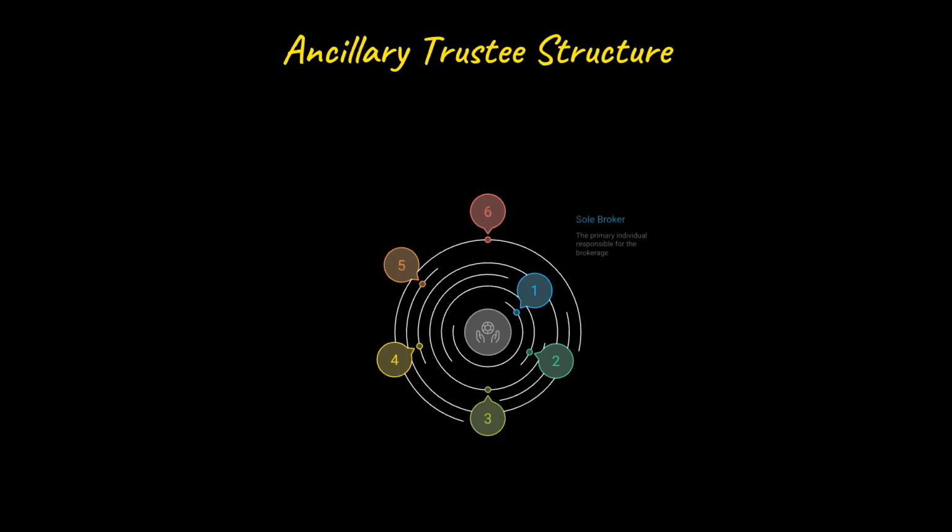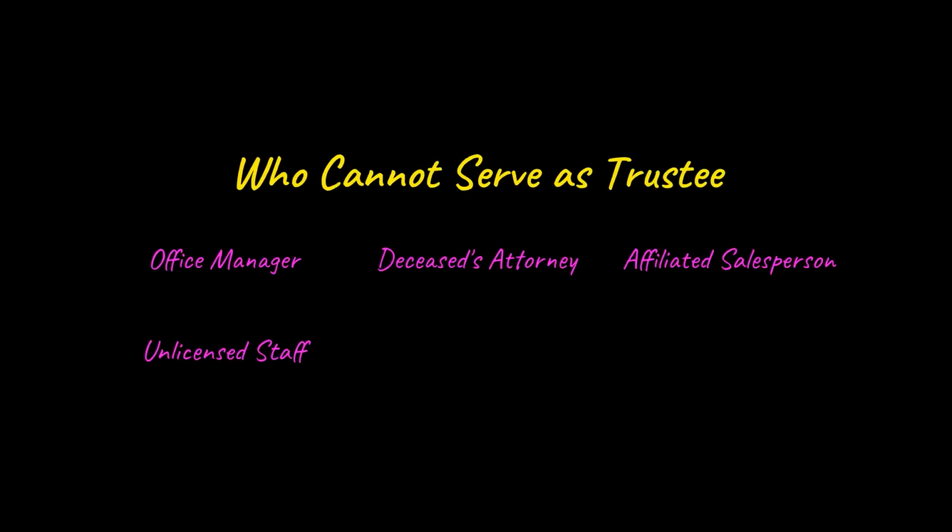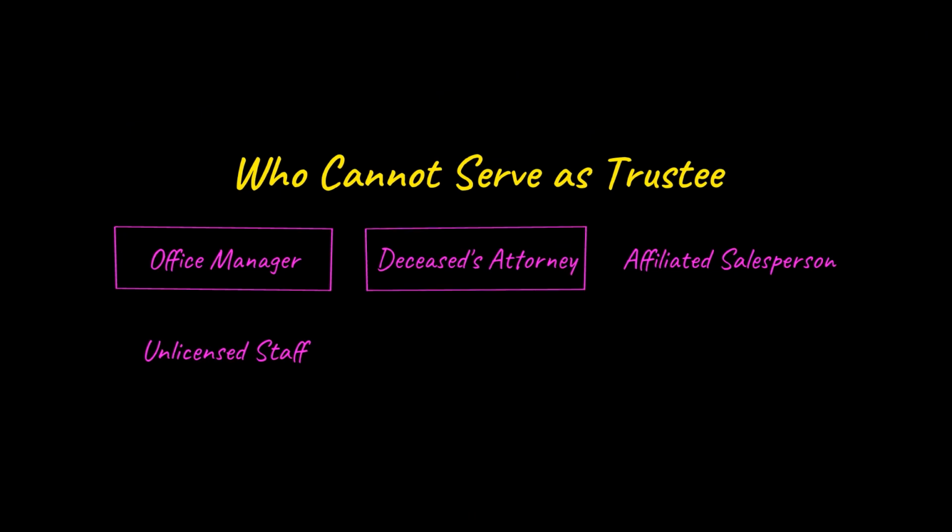The ancillary trustee is a licensed broker appointed to step in when the sole broker dies. Operating under the division's supervision, the trustee completes pending transactions, protects trust funds, and preserves records, work that only a licensed broker can lawfully perform. Examiners test who is disqualified: an office manager, the broker's attorney, affiliated salespersons, and any unlicensed staff cannot serve.